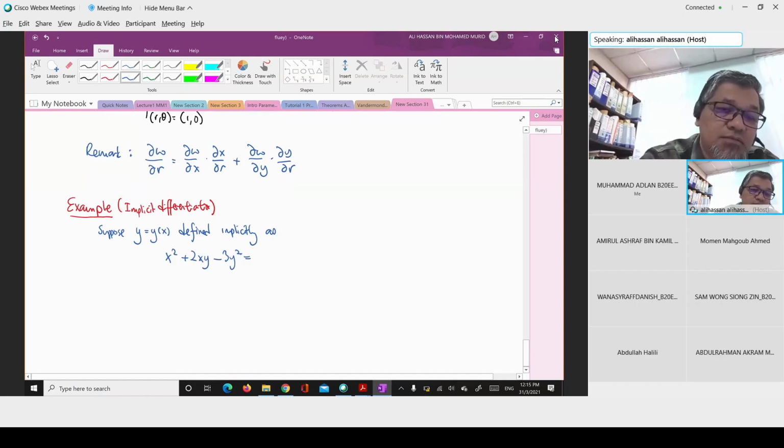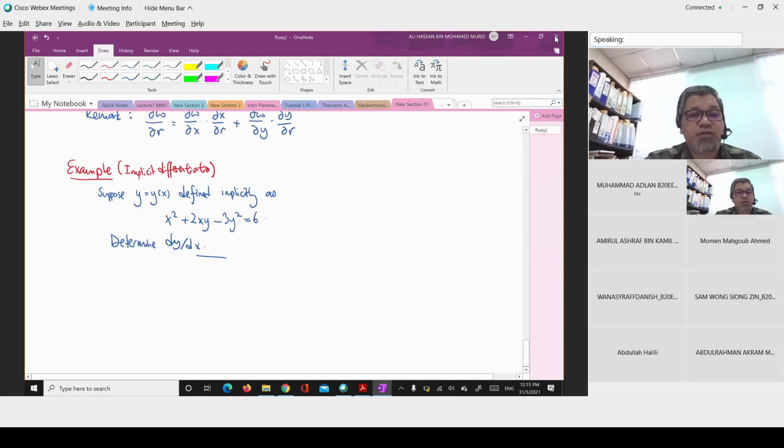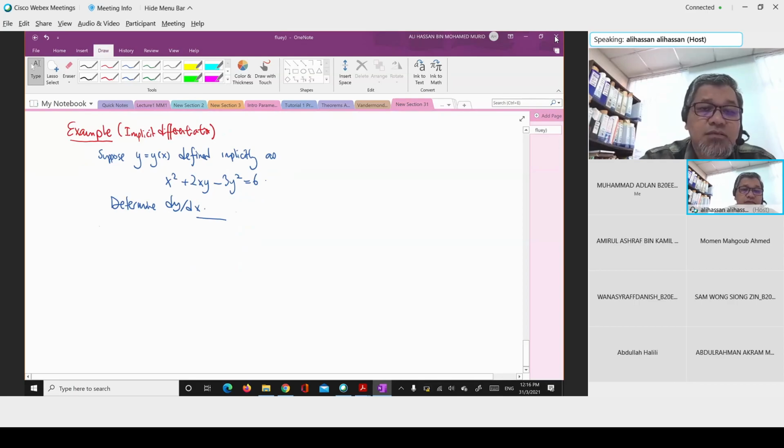We want to determine dy dx. I think you have solved this before, right? In your previous calculus class, you have a function y defined implicitly through this relationship. You still remember how to determine dy dx here?